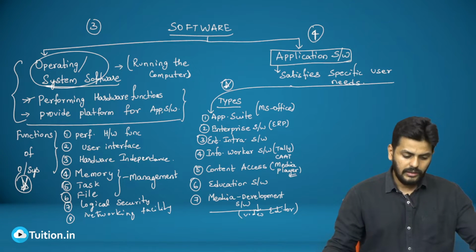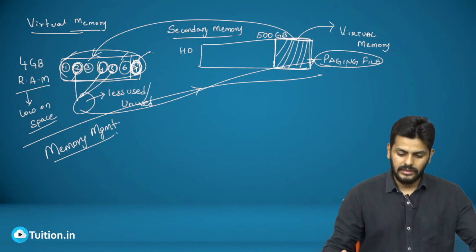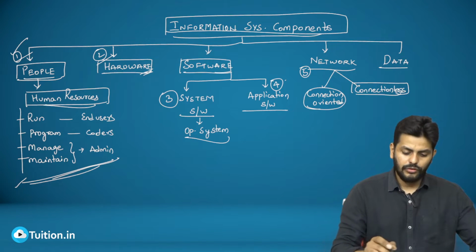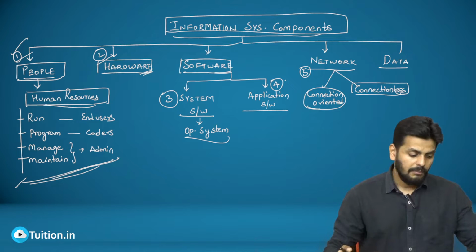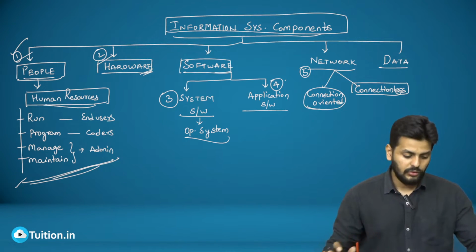So even if one day before the exam you listen to this session and you are equipped with the respective need, you can go ahead and deal with the things properly. This is the overall picture of information systems. This is the third time I'm doing this, I know, but it's of some help to you. That's why I'm doing this.